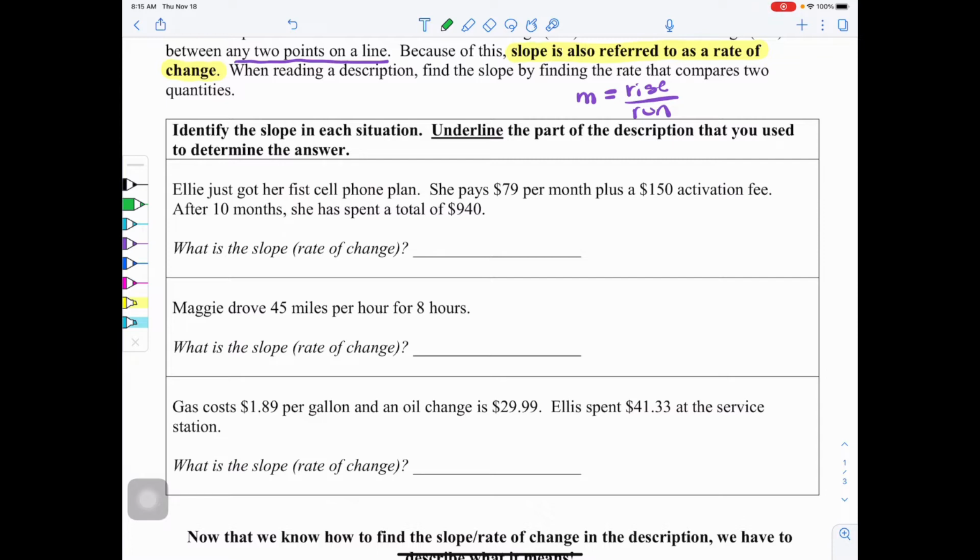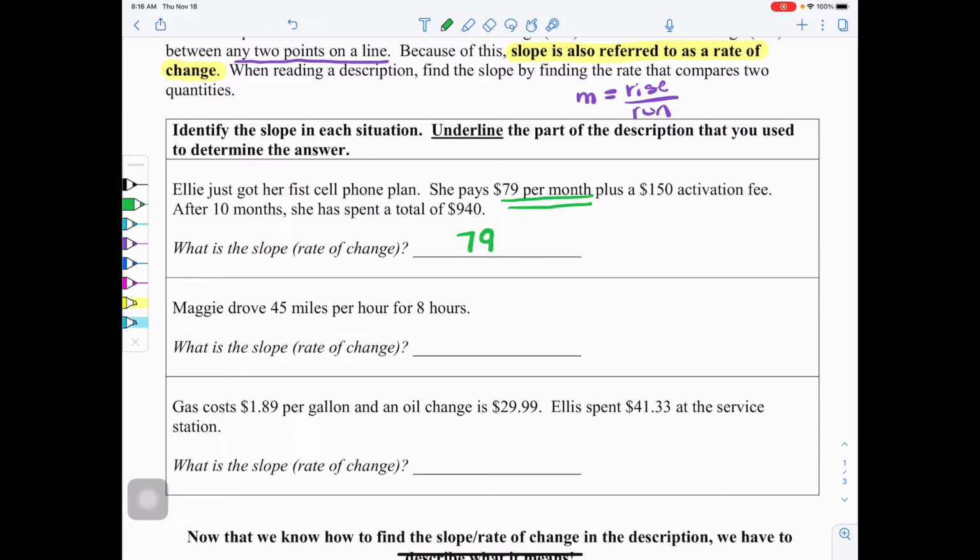So we want to go back to the problem and find the rate. What was comparing two quantities? So she pays $79 per month, which is our rate of change or slope. $150 was just a fee, a one-time thing, and the total is $940. None of that has to do with what the slope or rate of change is. So now that we've found it, we know that the slope is 79.